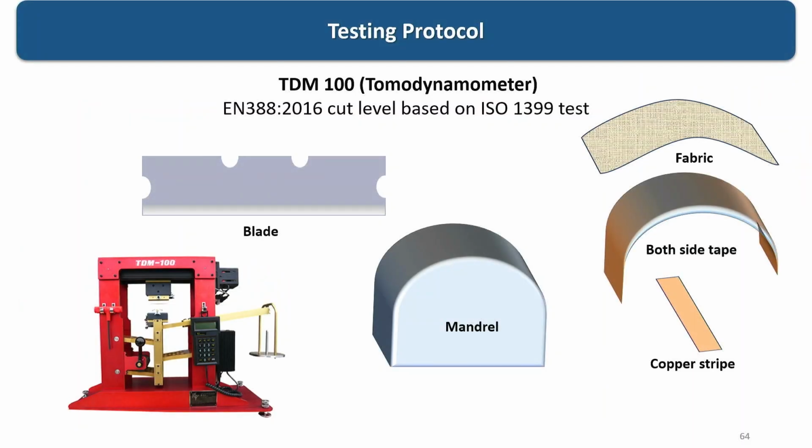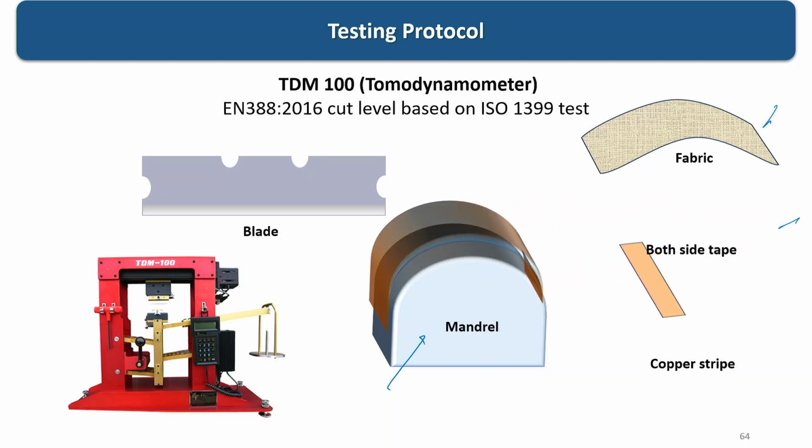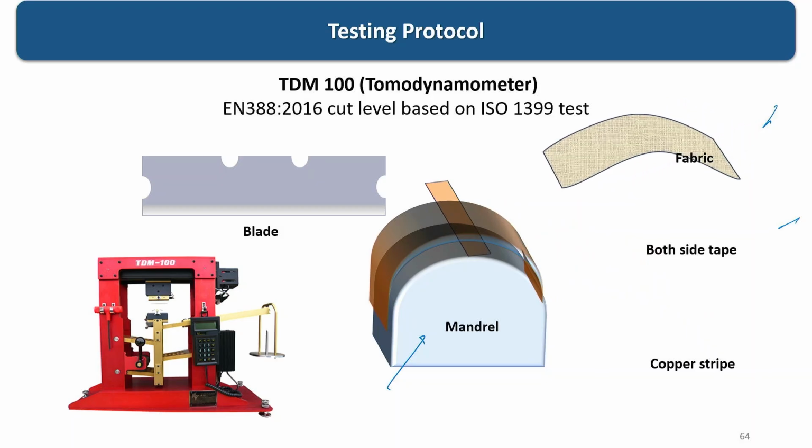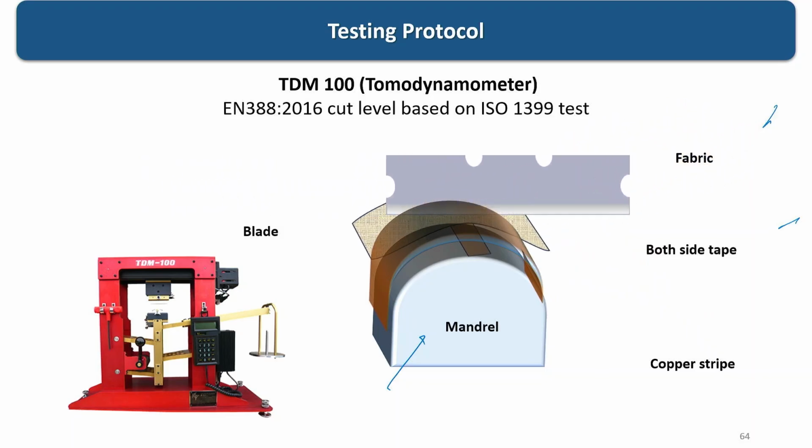Here, through animation, we can see the mandrel, copper strip, both side tape, fabric specimen and blade. Now, try to see: the both side tape is there, then the copper strip and the fabric, and then it is cutting.